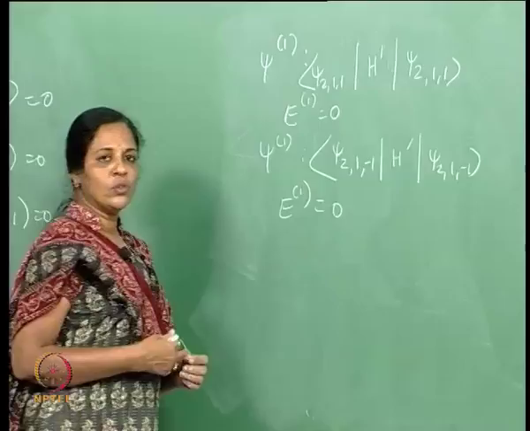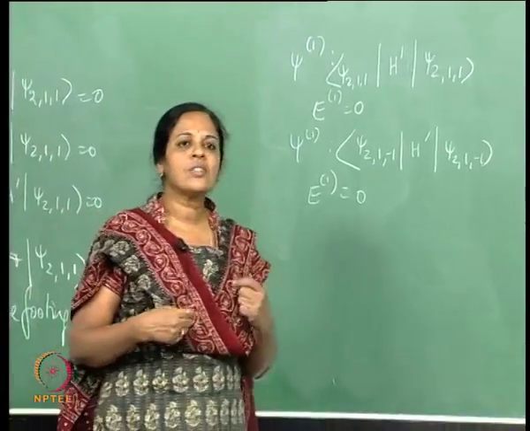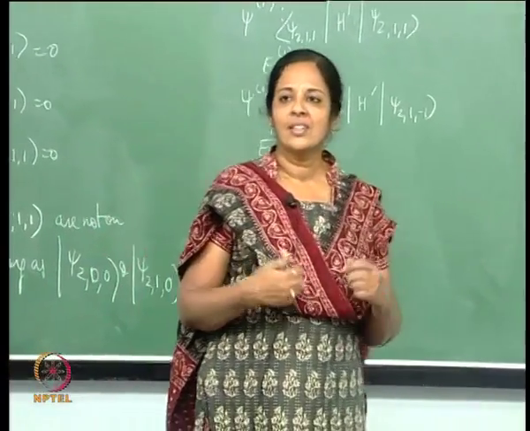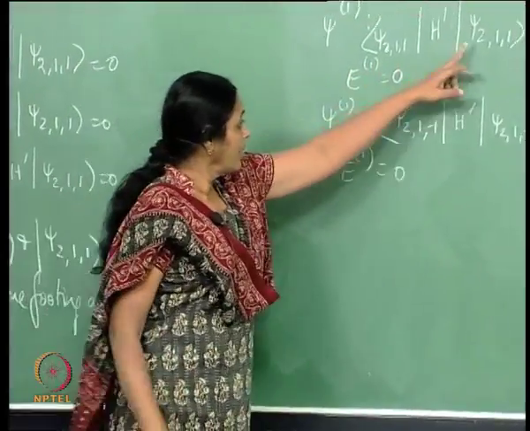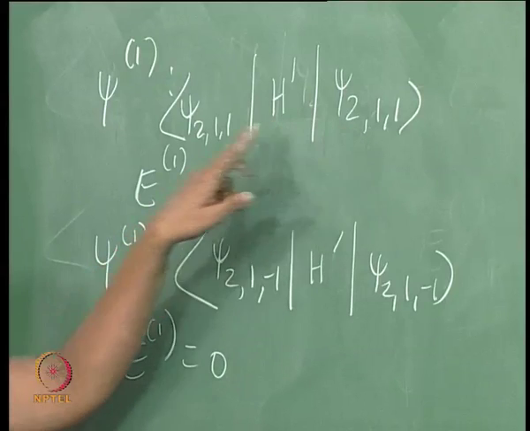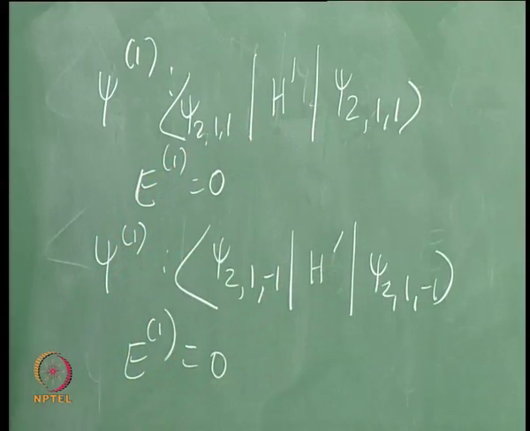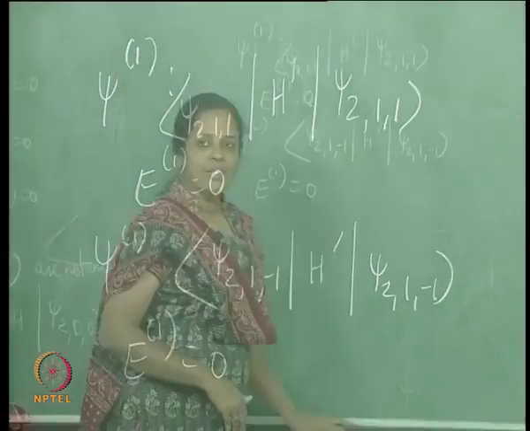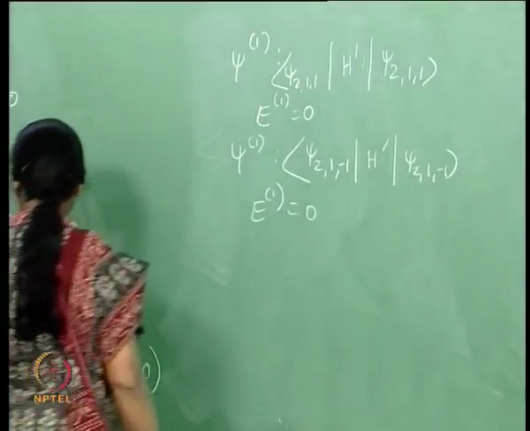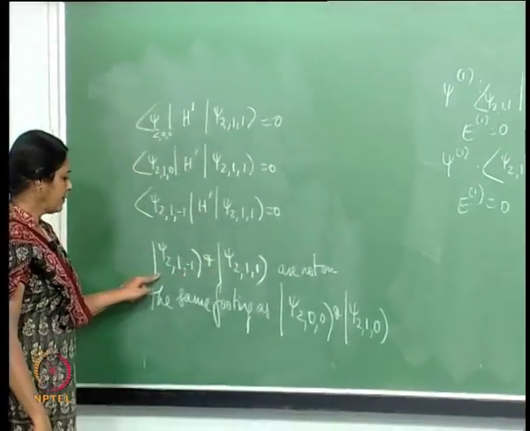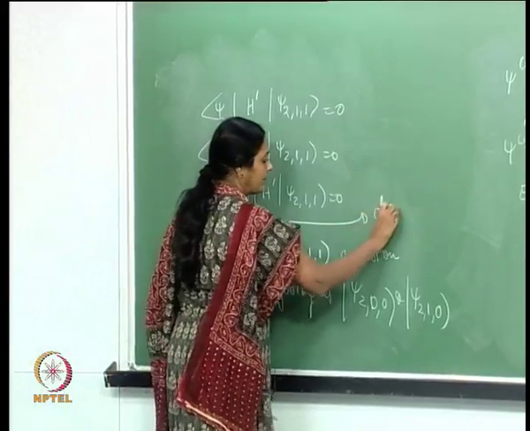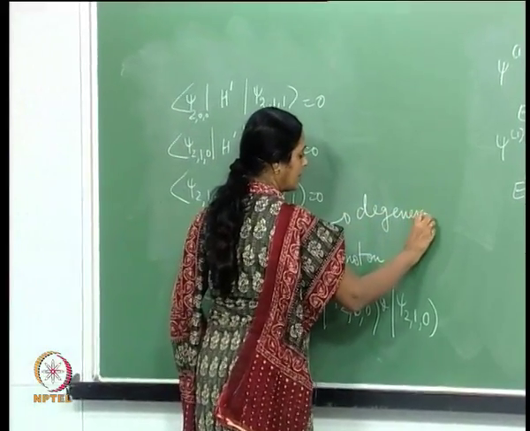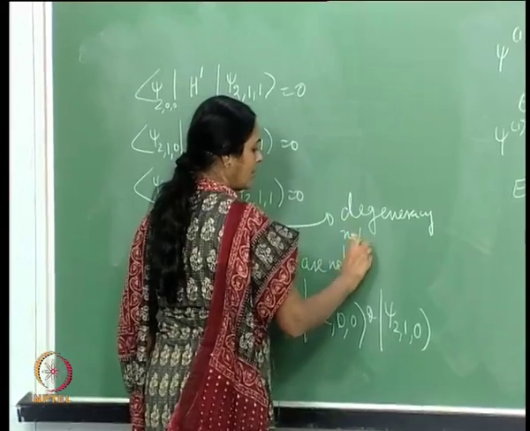The energy eigenvalues are 0 because the physics of the situation does not let the Hamiltonian H prime have non-zero matrix elements, diagonal matrix elements of this kind. And therefore, the degeneracy as far as these two states are concerned is not lifted in the first order.